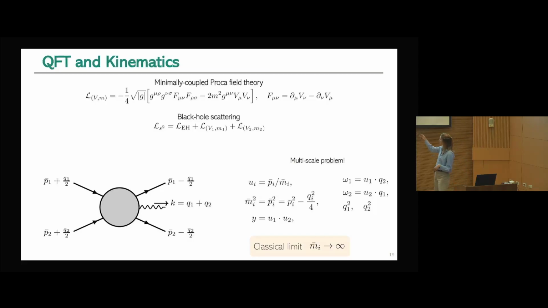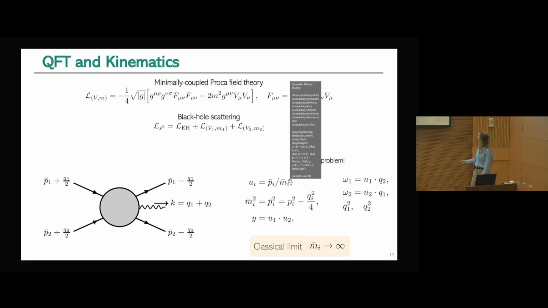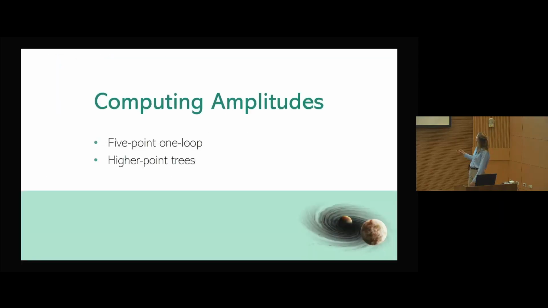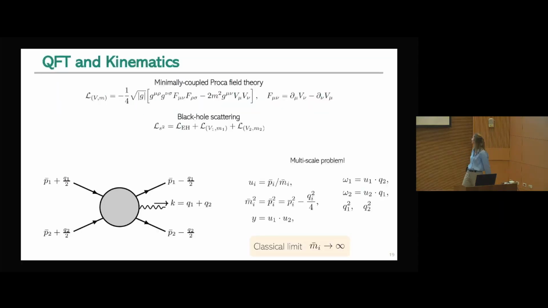Kinematics for this 5-point we chose in such a way that we use these barred momenta, or averaged momenta. These make it very easy to take the classical limit of the amplitude, but we only have to send the masses to infinity and pick out the classical term. What makes this problem hard is that it's a very multi-scale problem.